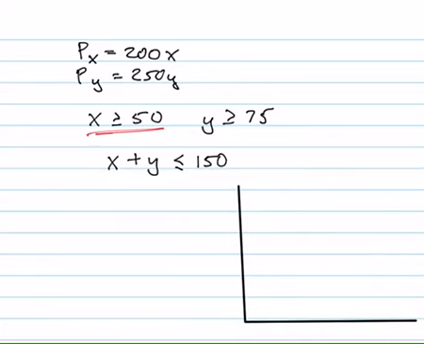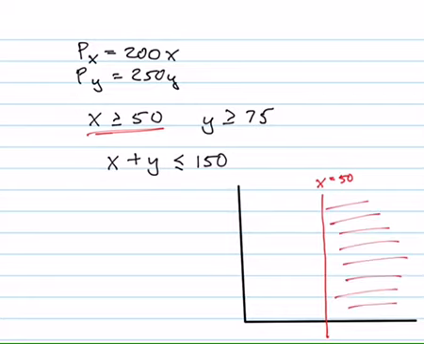Remember, that's a vertical line, so that's right here. Call that 50. That line is X equals 50, so it has to be greater than or equal to that. And Y has to be greater than or equal to 75, so that's up here. So we're in that region right there.